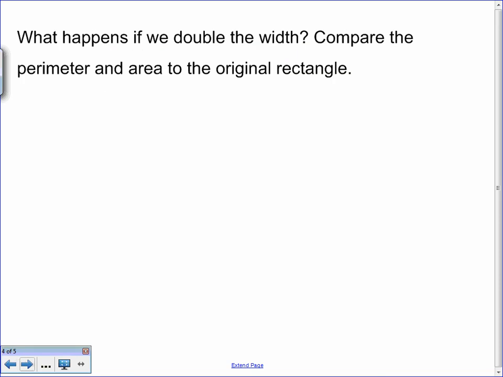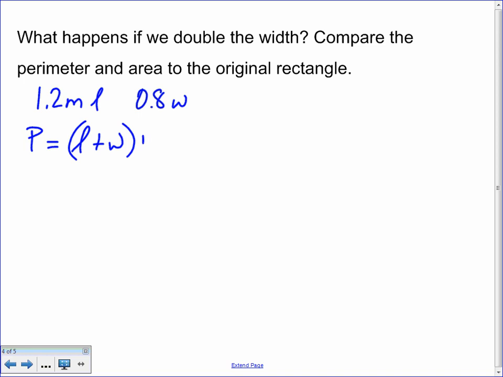So let's take my original rectangle, which was 1.2 meters long and 0.8 of a meter wide. What happens if we double the width? I want to know both perimeter and area. Perimeter equals length plus width, times 2. If I double my width, my perimeter is now 1.2 plus 1.6, which is 0.8 times 2.